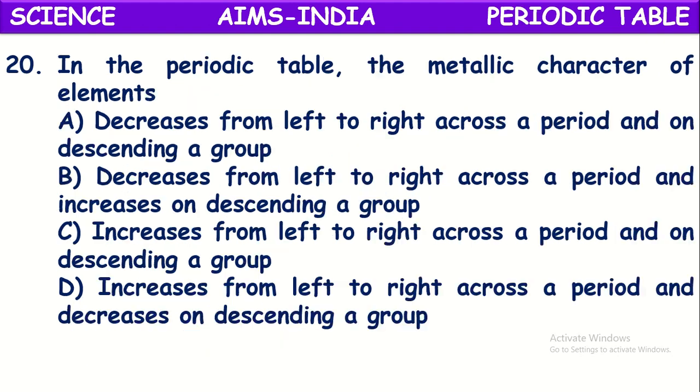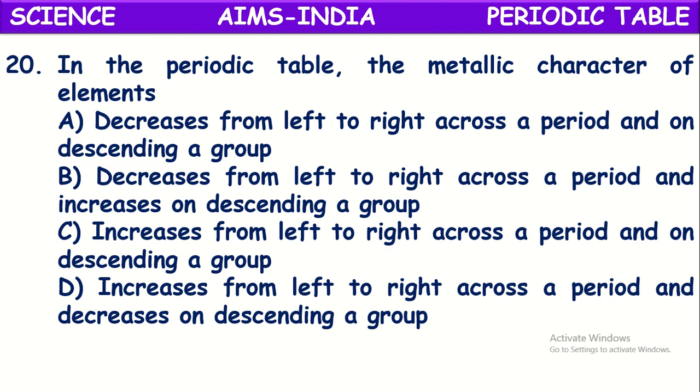Okay. Next one. In the periodic table, the metallic character of elements. What happens to the metallic character in the periodic table? Metallic character increases from top to bottom in a group. In a group, atomic size increases as we move down.